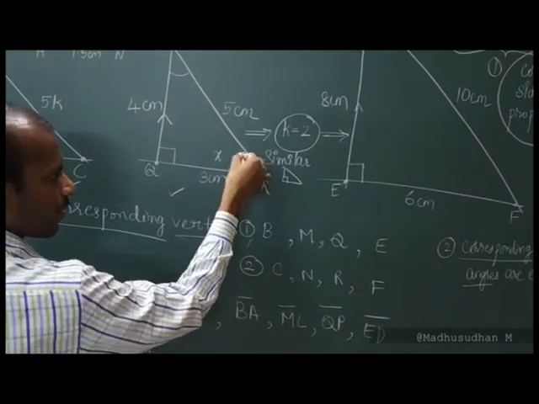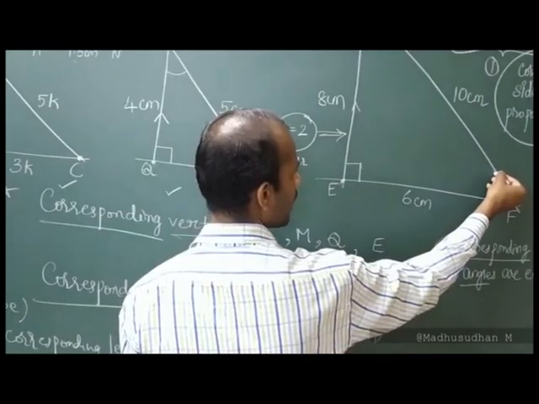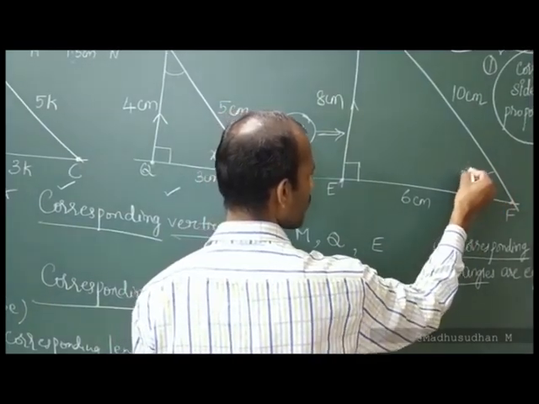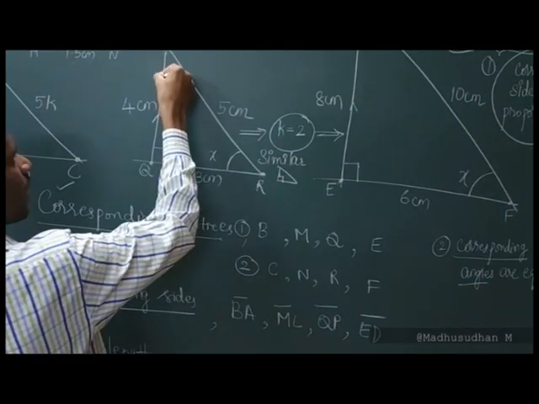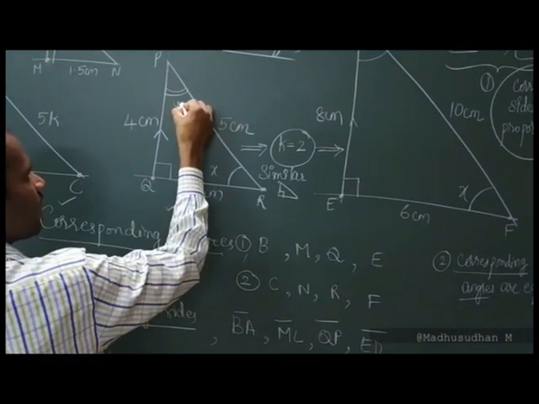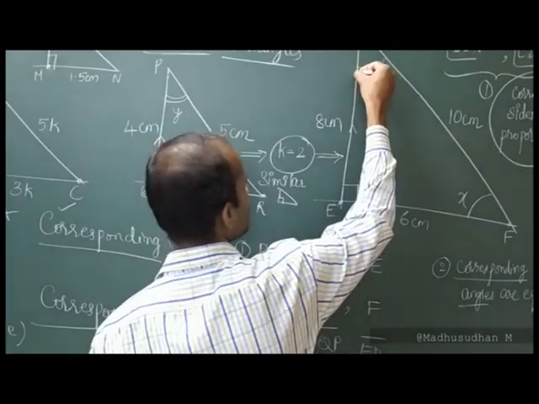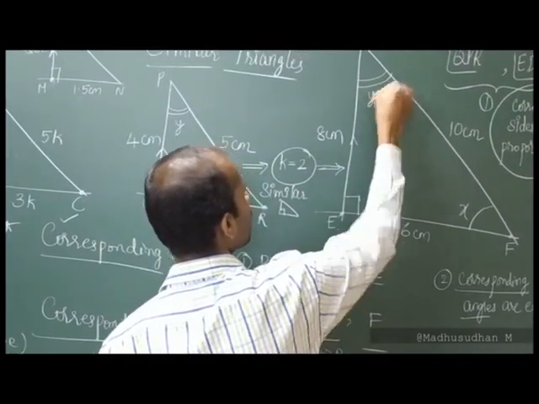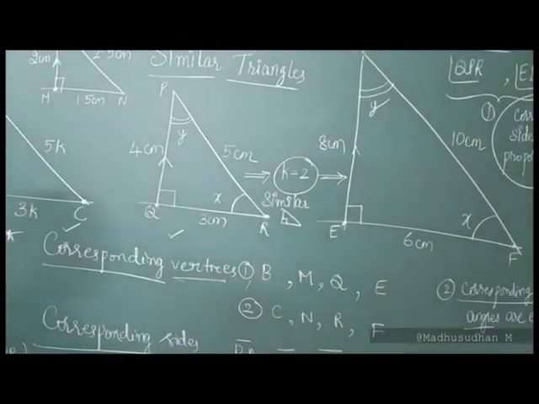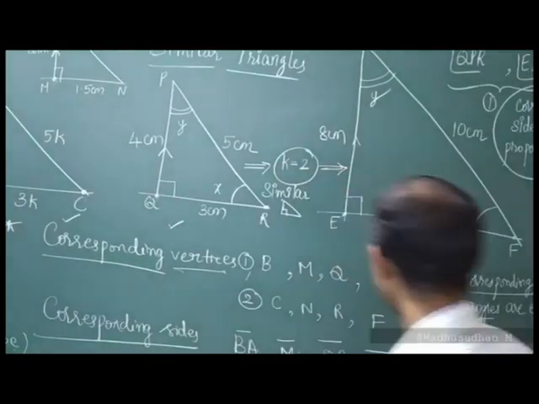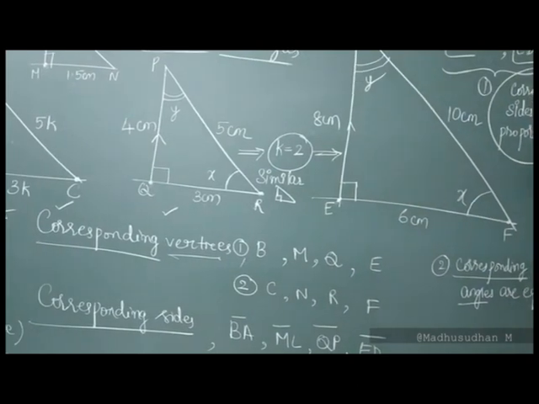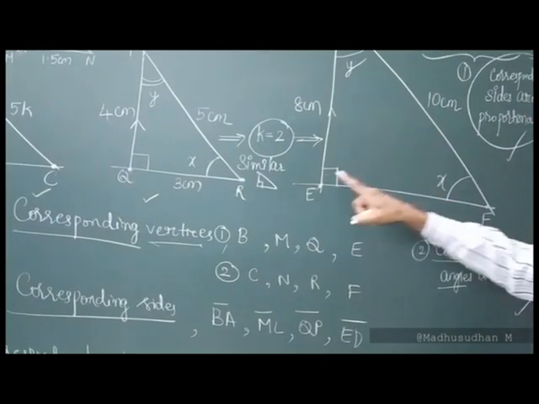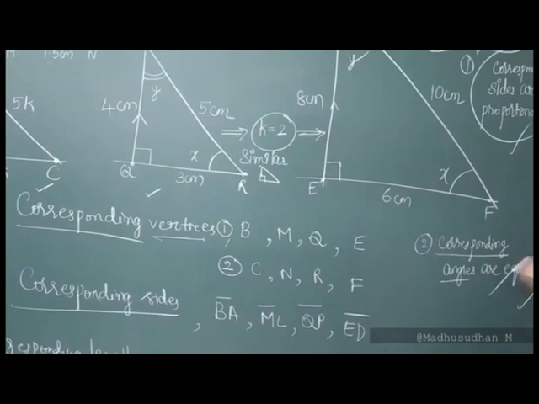If this angle is x, this angle shall also be equal to x. Followed it? If this angle is equal to y, this angle shall also be equal to y. So this is one important point. Two similar triangles, corresponding sides are proportional, the corresponding angles are equal.